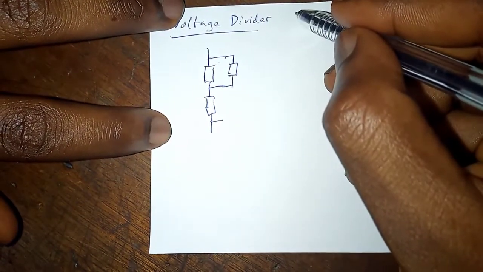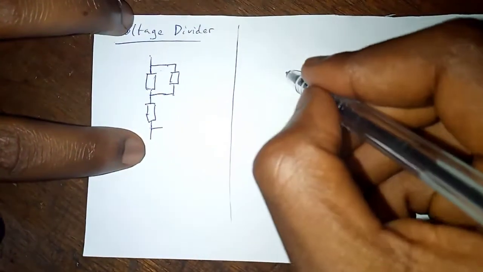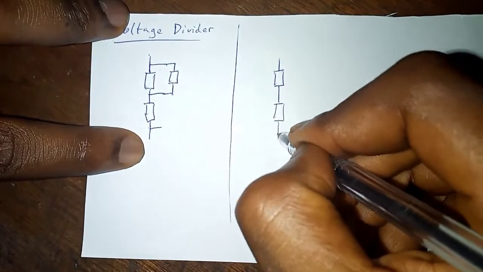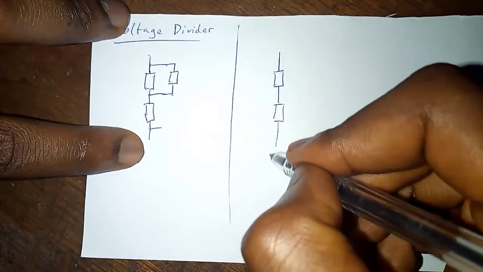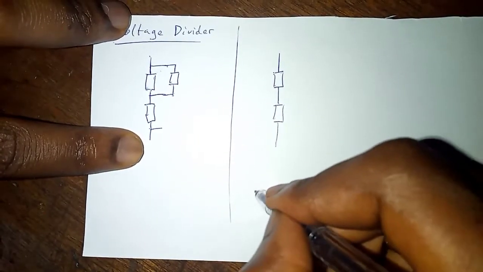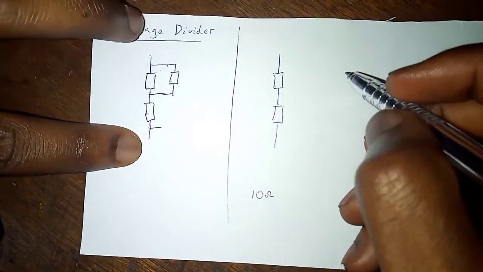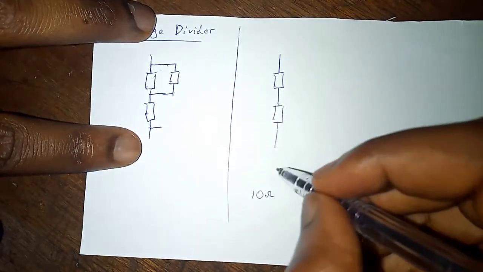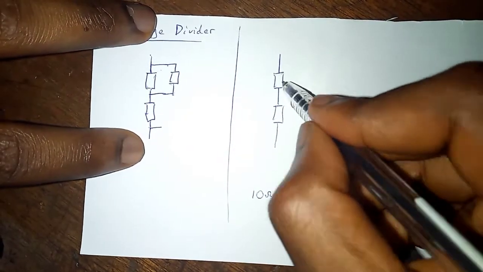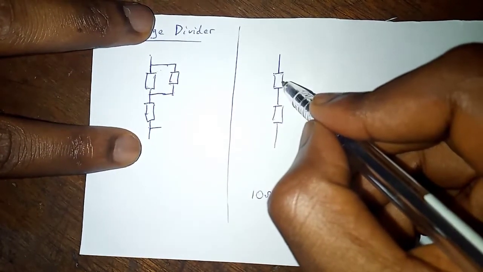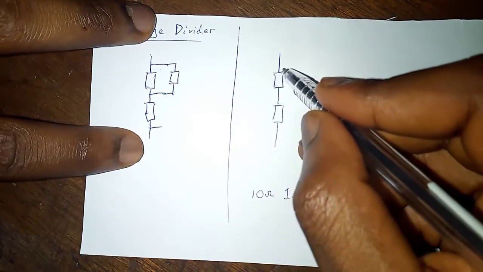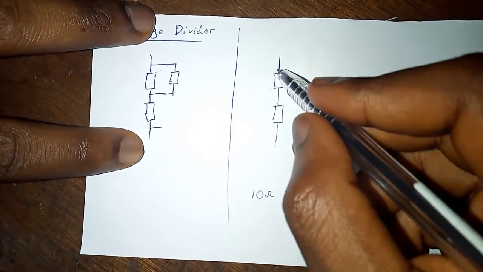If, for instance, in a circuit like this, we expect a total of 10 ohms in this whole circuit, and we are expecting a current of 1 amp through it. If the resistance here is 5 and the resistance here is 5, let's calculate the voltage across this resistor.